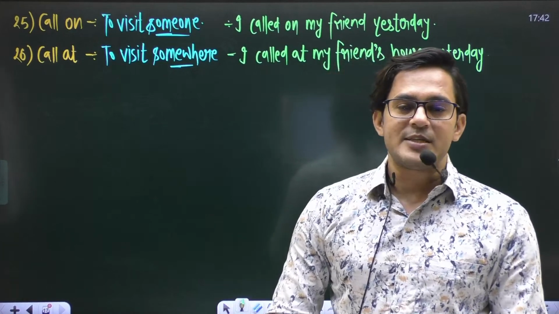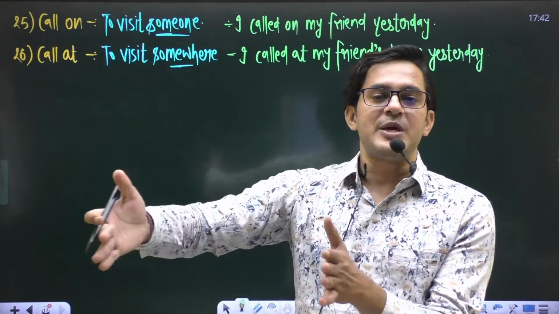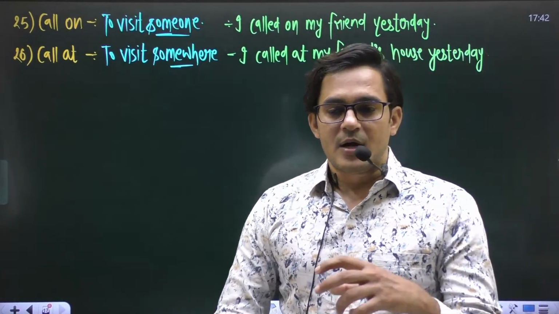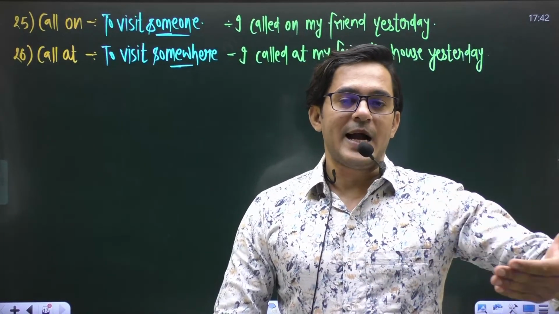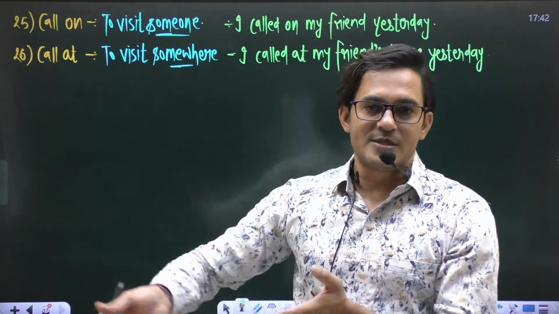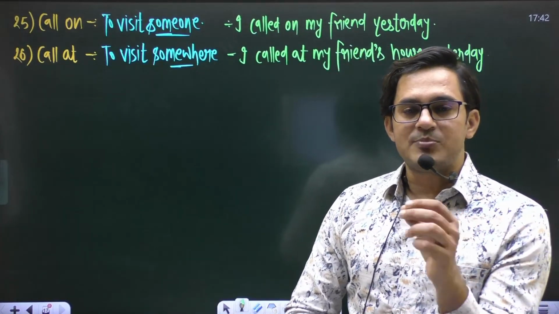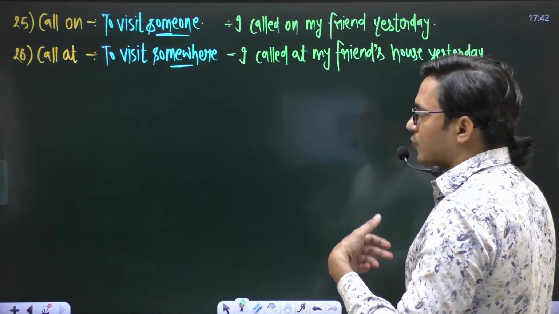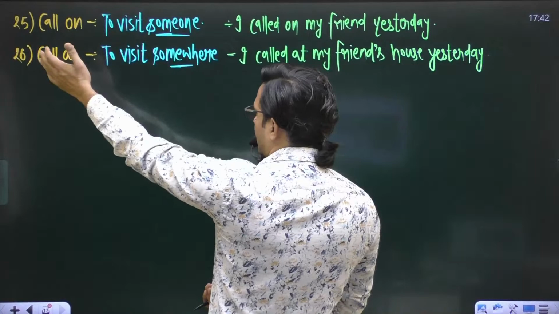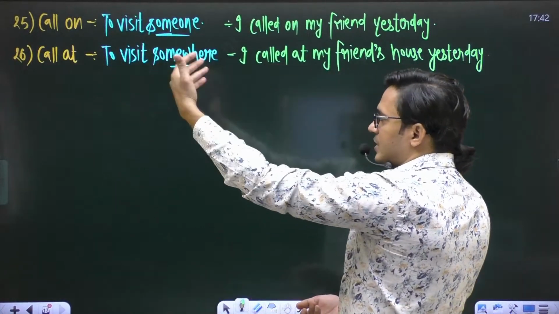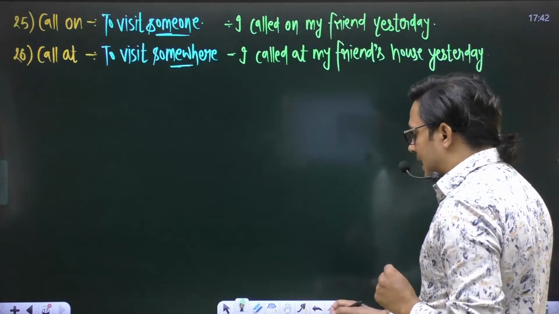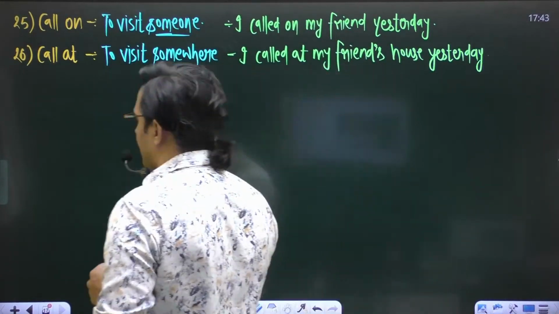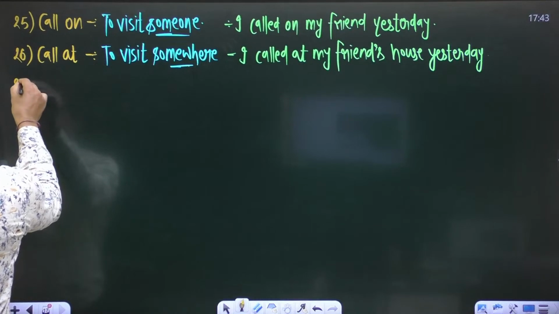For example, I called on the PM yesterday. Or I called at the PM's house yesterday. So the difference is that. To visit someone, a person, is call on. To visit somewhere, a place, is call at. Okay. Next phrasal verb is the 27th.